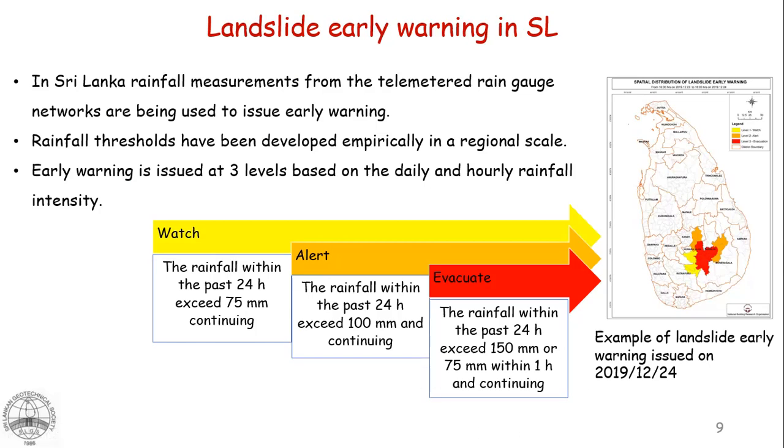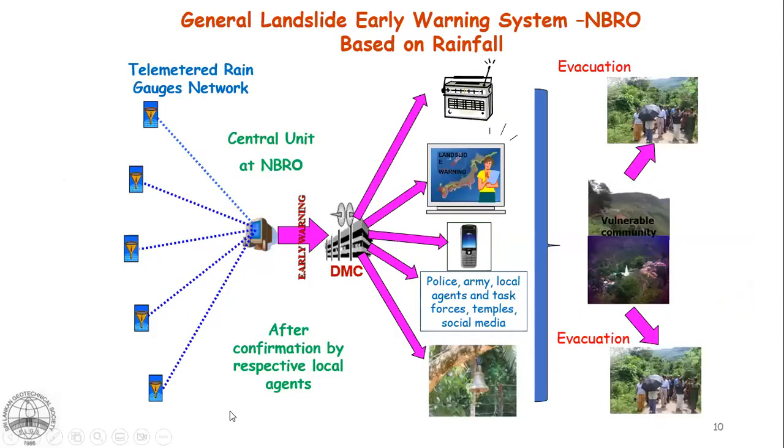Currently, NBRO is working on that target, trying to establish threshold rainfall values for areas of different levels of susceptibility in the country.